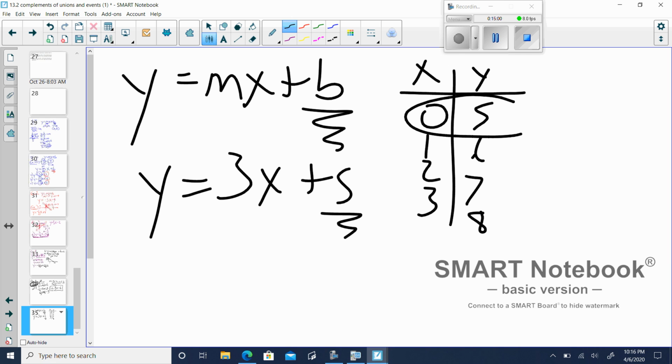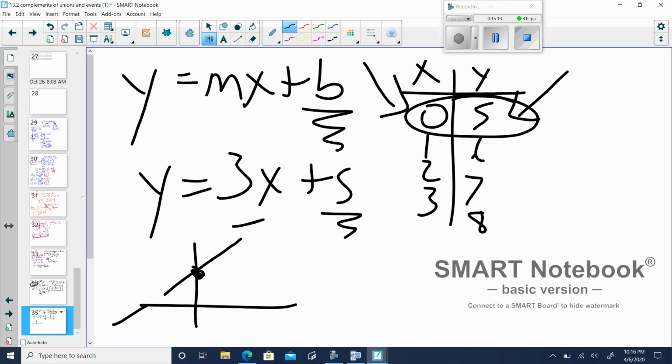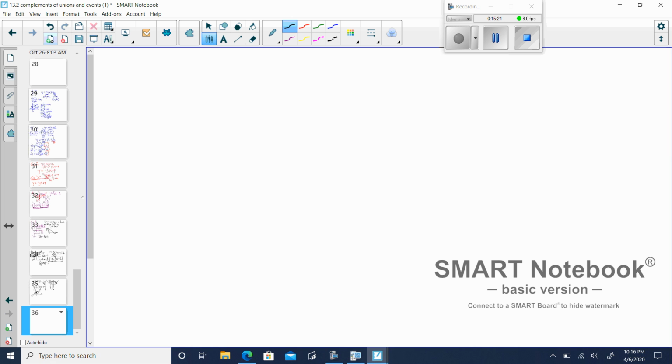Our y-intercept in a table is the place where x is 0 and y has a value. What about on the graph? Graphically, it's the place where a graph crosses the y-axis. That's the y-intercept.